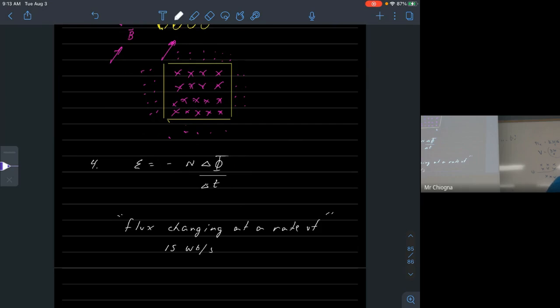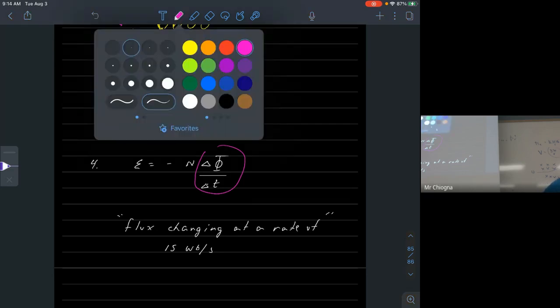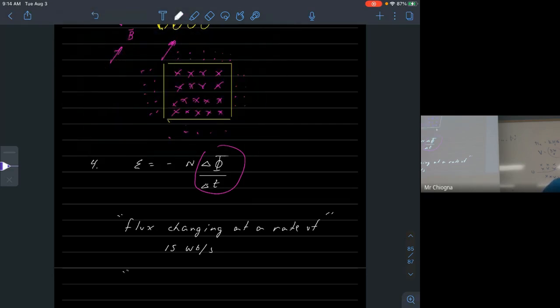That's this here. That's known as the flux changing at a rate, or the rate of change of flux. That's another way of saying it. So you need to understand these expressions. Rate of change of flux, that's just this.